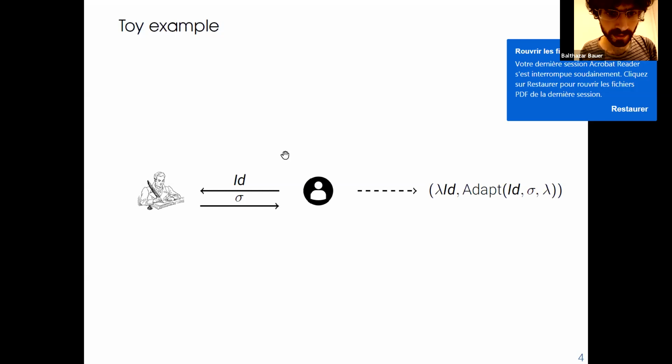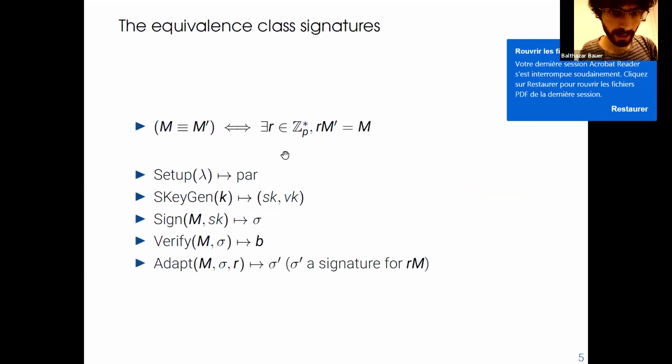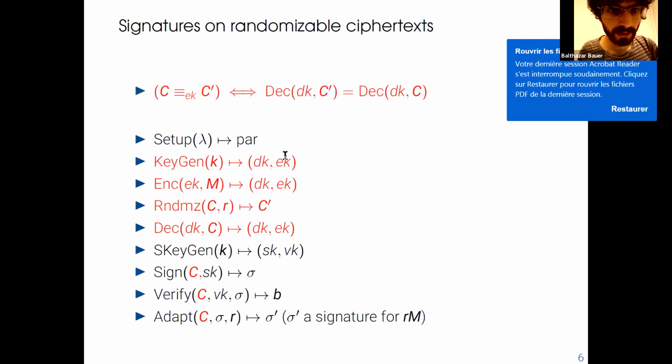And to fix this, we decided to use a more complex primitive. It's very analogous to equivalence class signatures, but in this more complex primitive, the messages are now ciphertexts and not plaintexts.